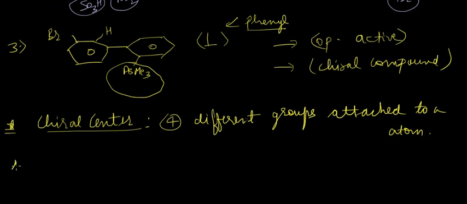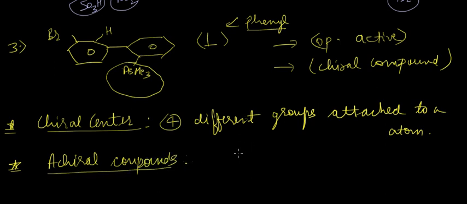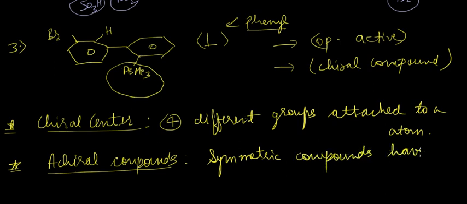And what are achiral compounds? Achiral compounds are symmetric compounds having POS and COS. Okay, so this brings us to the end of this lecture.